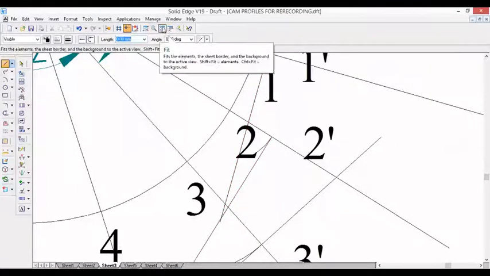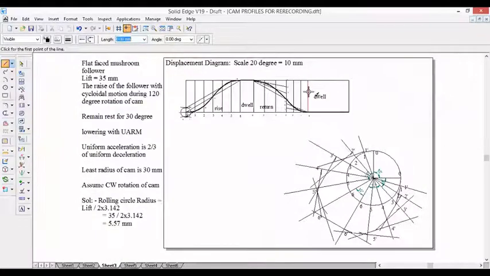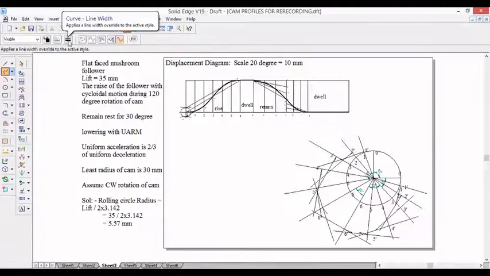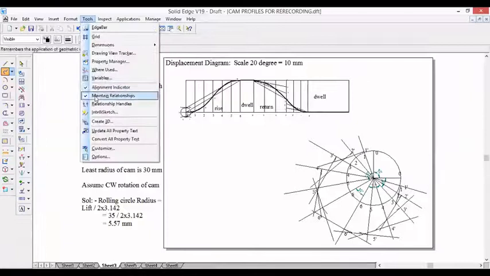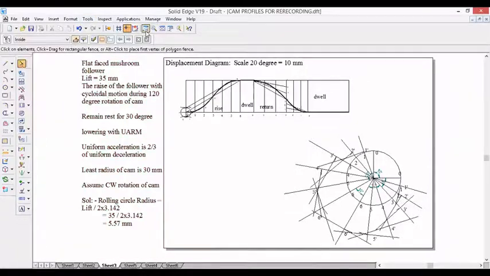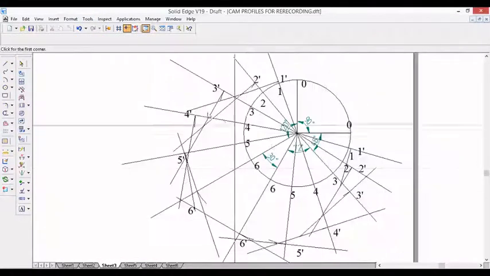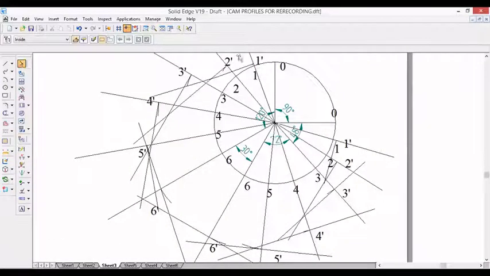Okay, so now we have drawn the tangents. Now we need to go for a thick curve, and we need to join a curve in such a way that it should touch the tangents' interior part. It has to touch the tangents' interior part like this.